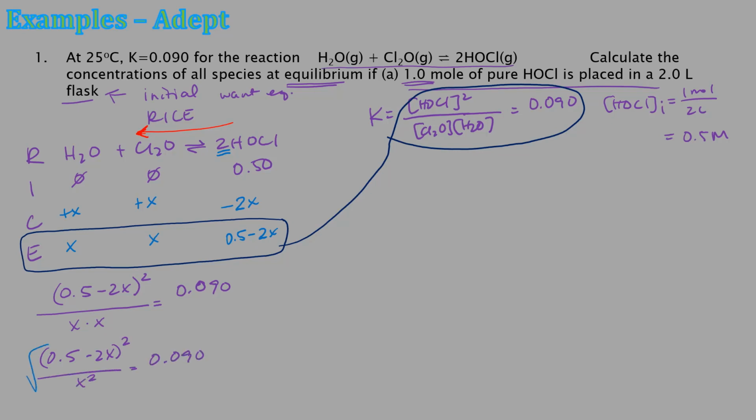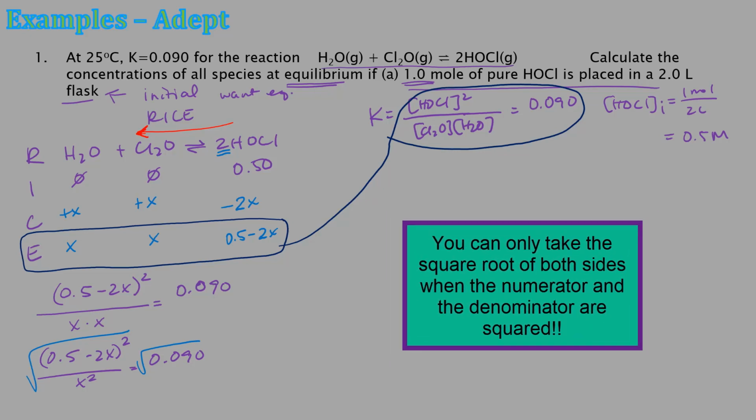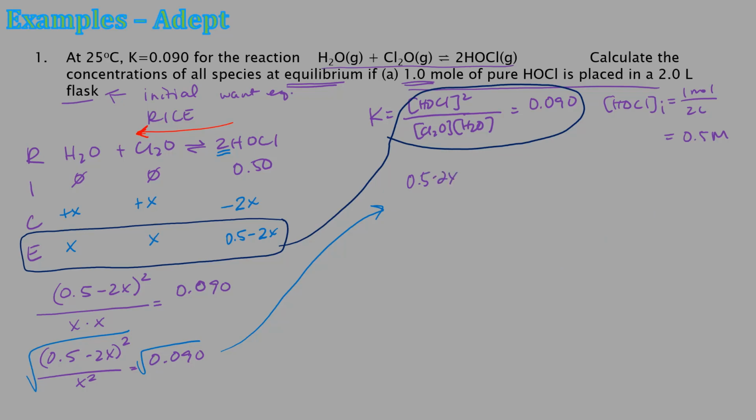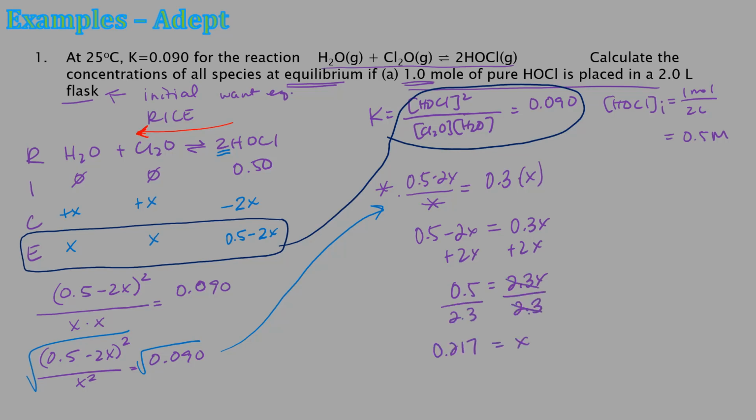So then I'm going to take the square root of both of these. So the squares go away on that, and then 0.3, and multiply both sides by x. Add 2x to both sides, and then divide by 2.3. So my x is equal to 0.217.